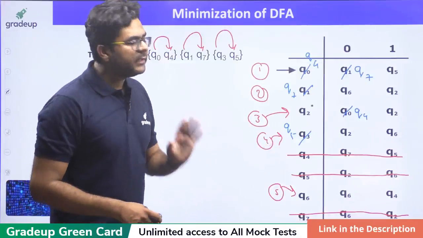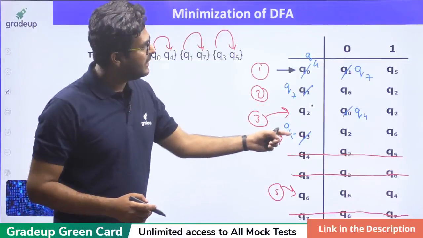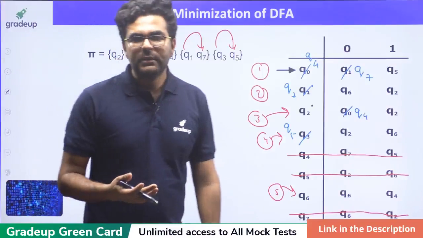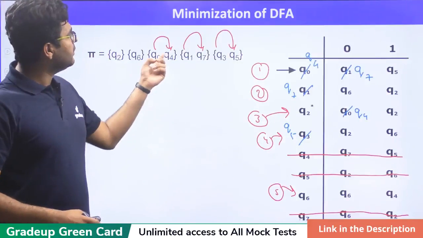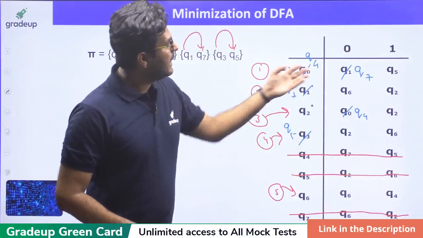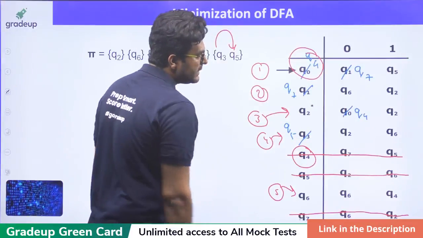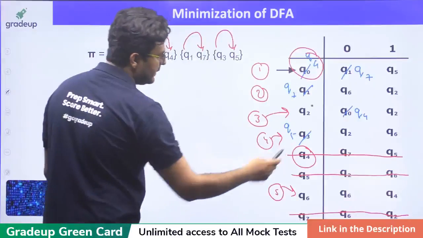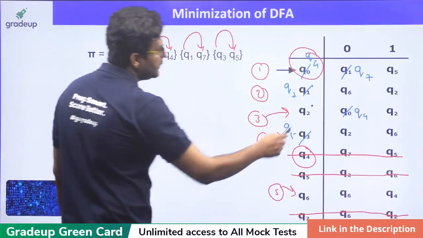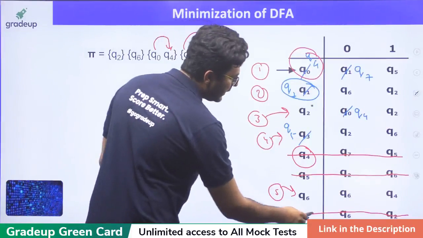Because we need to calculate the minimum number of states, the name of the state is not important. You can even name it as A, B, C, as it is Q4. You can name it as X or Y2. Name can be anything. I replaced Q0 with Q4, Q1 with Q7, and Q3 with Q5. When I replaced Q0 with Q4, I figured out that Q0 and Q4 have the same values over here and there. In the same way, I figured out that Q7 also has the same transitions over here and there.